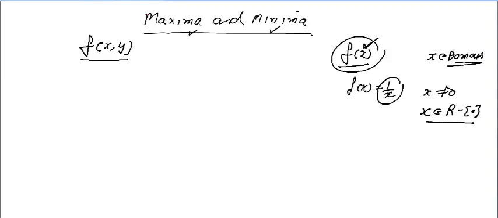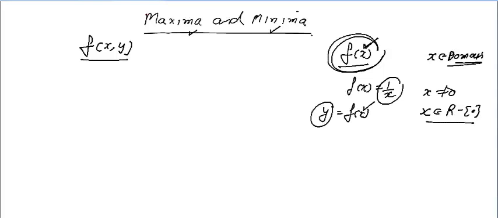So you know that when you put a different value of x in the function, let us suppose y is the function, you will get a different value of y.